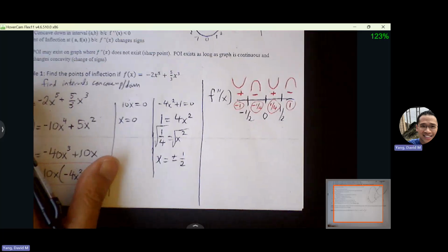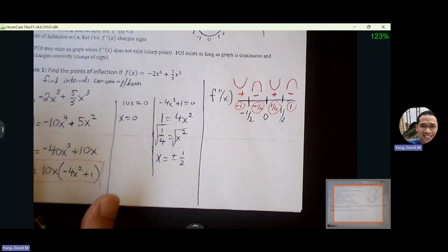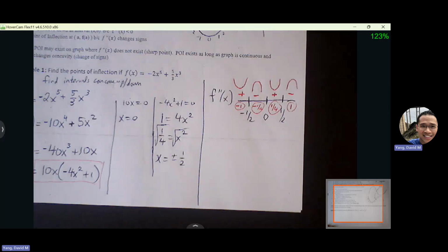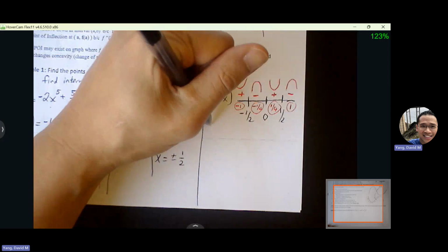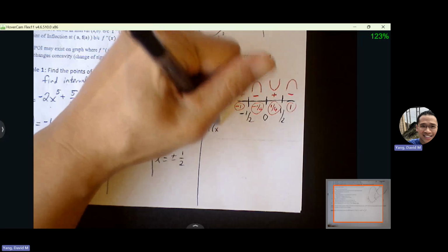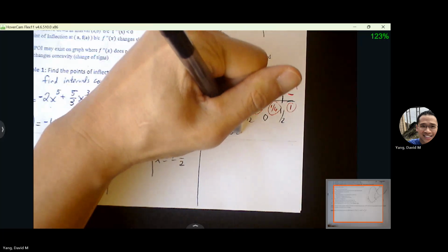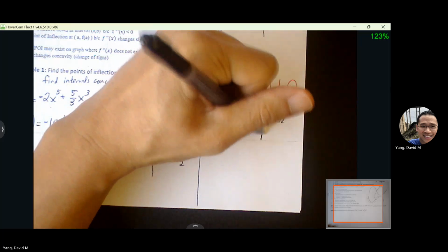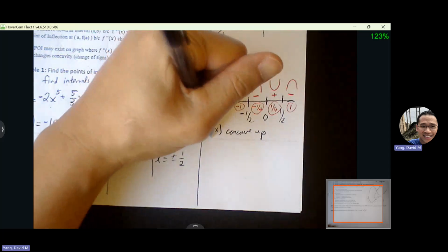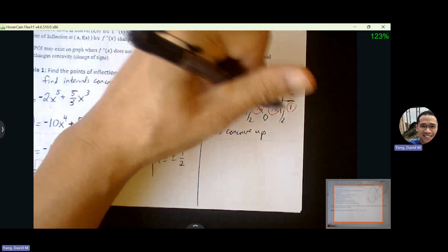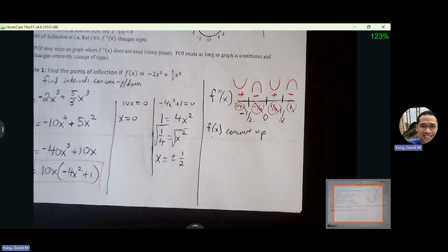Okay, let's practice writing out our intervals and because statements, because we have different because statements for the second derivative function. So we're going to say our function is concave up. I have two intervals, and again, I'm going to cross off the test points. They're not going to be part of my statement.